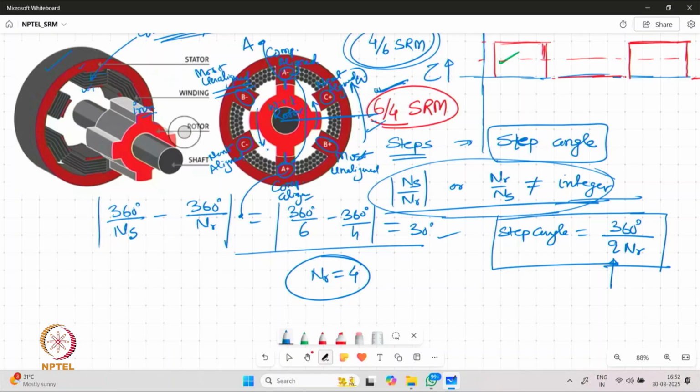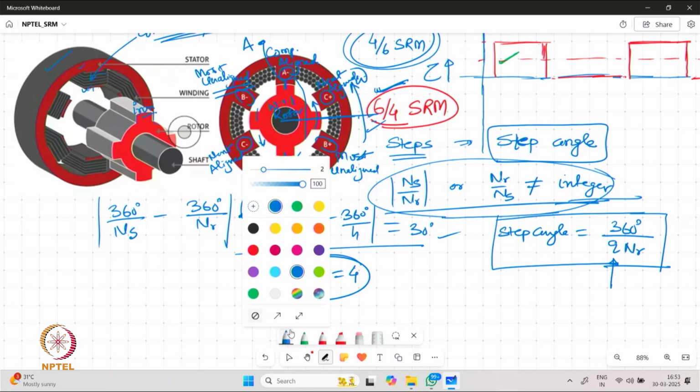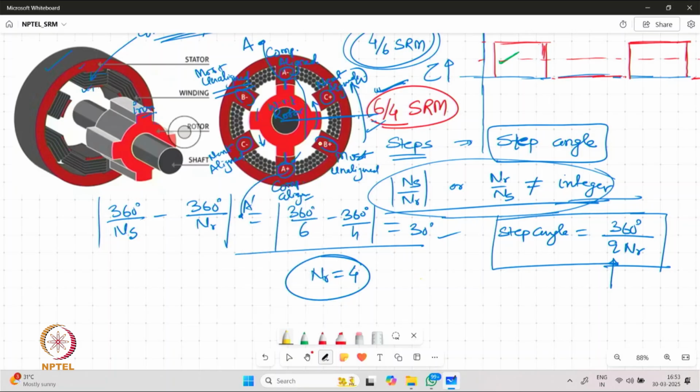For the next set of coils, again we can have a series connection, so maybe we can use a different color over here, and this can be marked as B and B prime. Then the last set of coils can be marked as C and C prime.